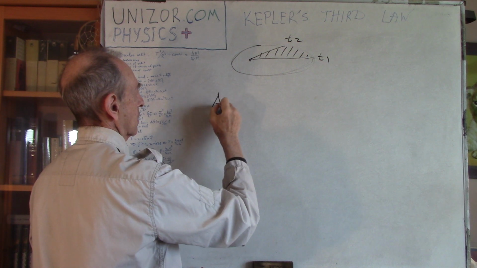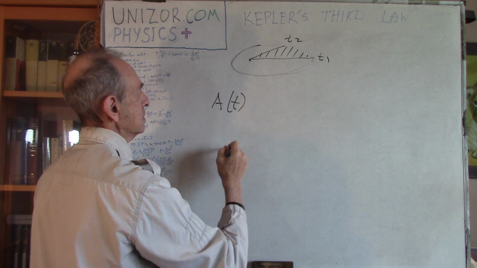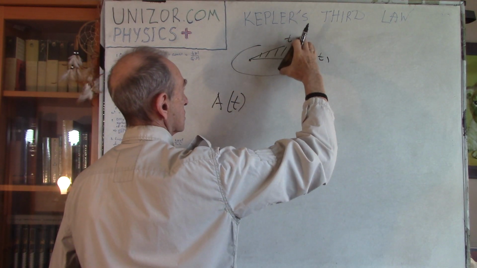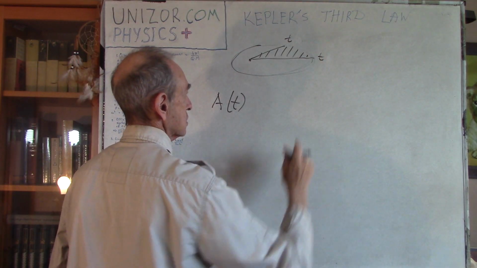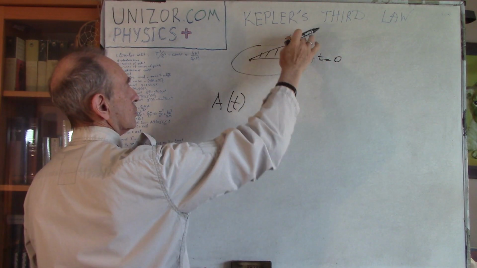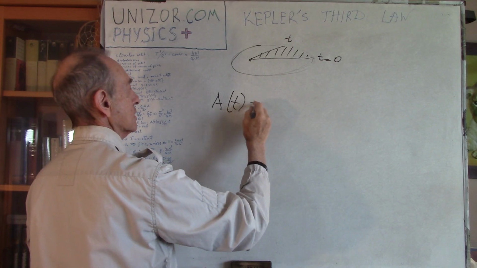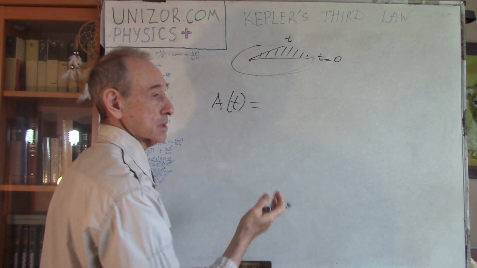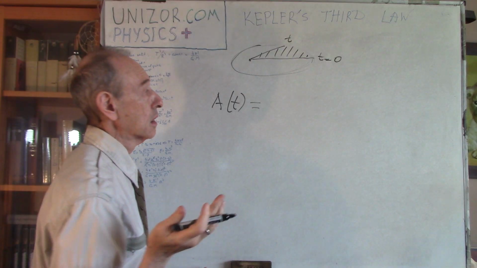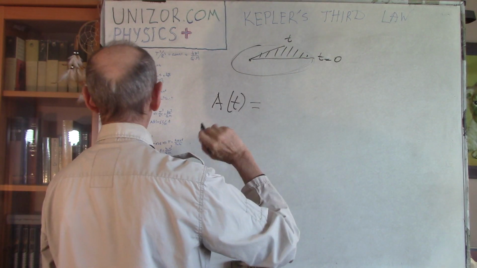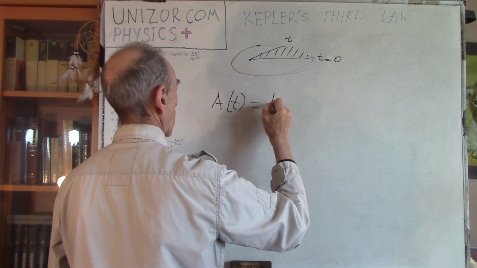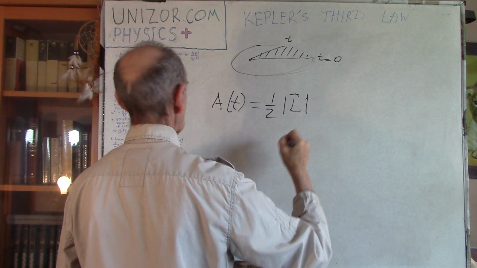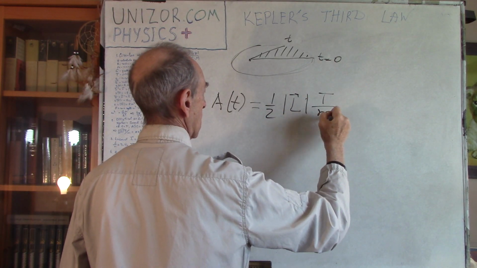Let's introduce a function A of t, where t equals 0 is the start, so from 0 to some t, this is the area. So this area is actually equal to, and I will use the formula which had been derived in the lecture for the second Kepler's law, this formula: 1/2 L t divided by m.